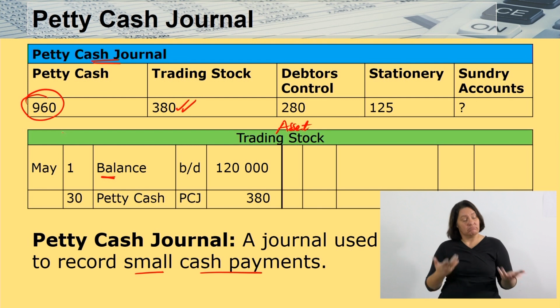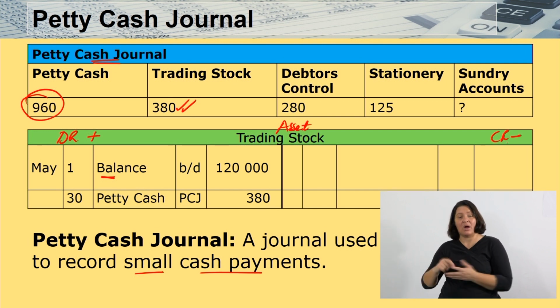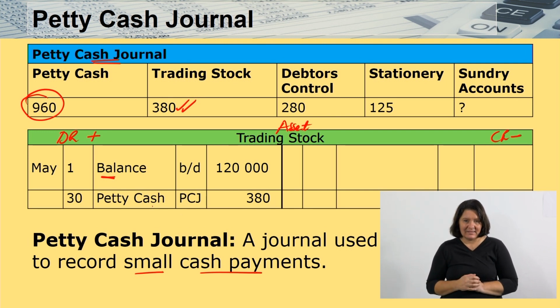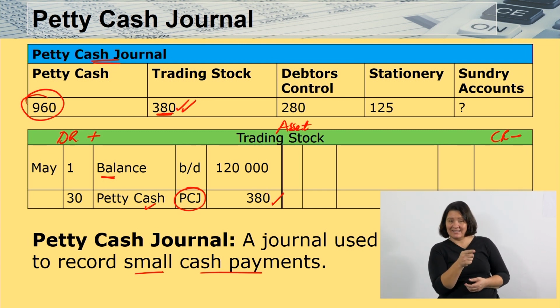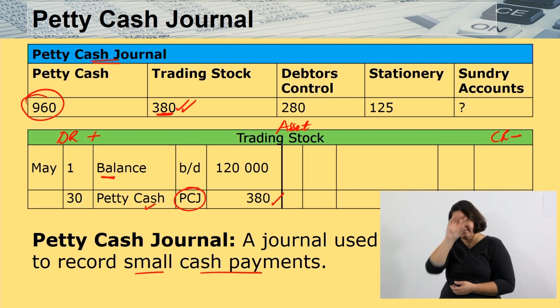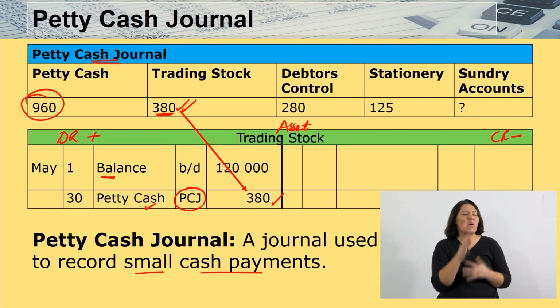Therefore, on the debit side I find my plus, and on the credit side you will find your minus, it decreases. From the petty cash journal, you see that amount there, then we bring it to the debit side of my trading stock account. It simply means whatever we have paid to have the stock in our business, we will debit to the trading stock account.